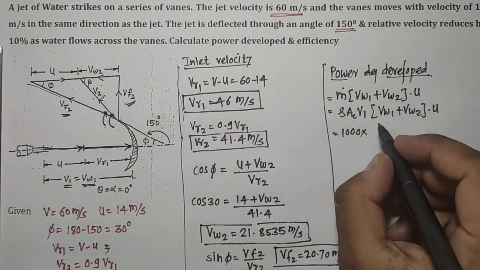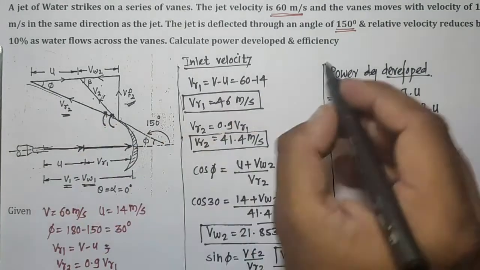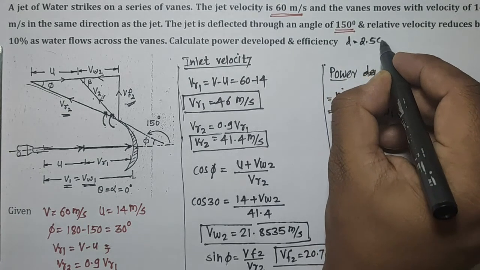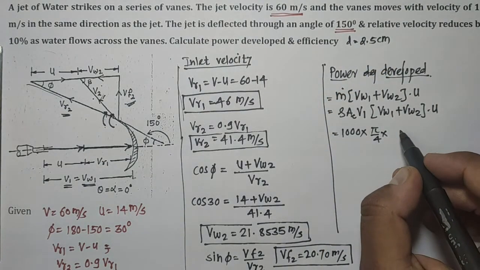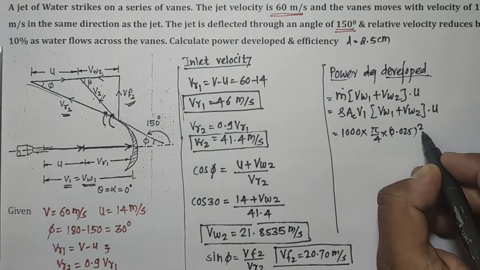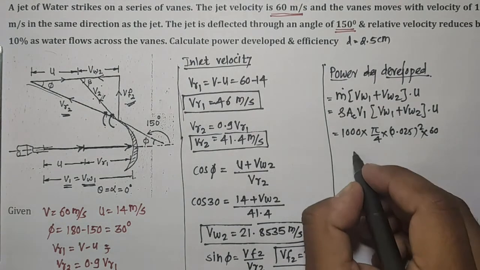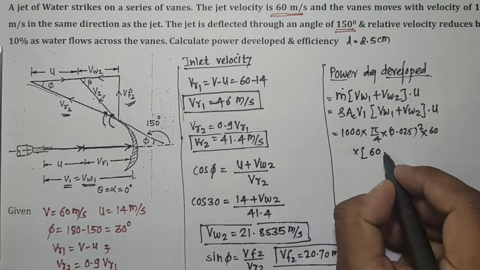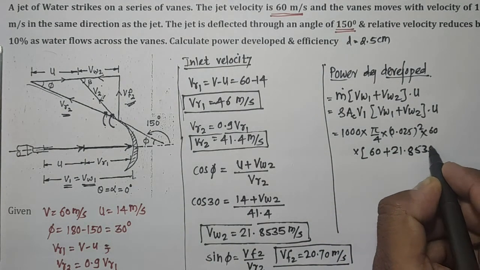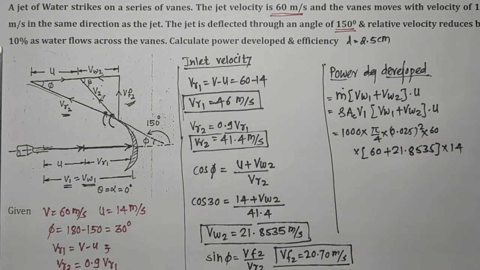So here the area is pi by 4 into d square, and here the diameter, which is not written, is 2.5 centimeter. So based on that we have 0.025 meter square into the velocity v, which is 60, into (VW1, which is 60, plus VW2, which is 21.8535) into the vane velocity u.